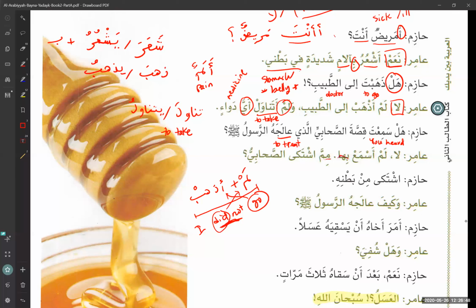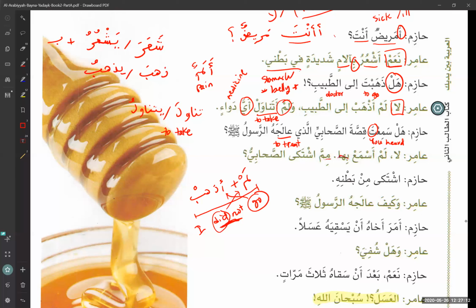So this is in the past tense. So when we have a verb, of course we have to find out who is doing the verb, the doer, the fa'il, right? Here, سمعت, who is the fa'il? The fa'il is this ضمير, ta, which is you, anta. So it's talking about whether you did it.